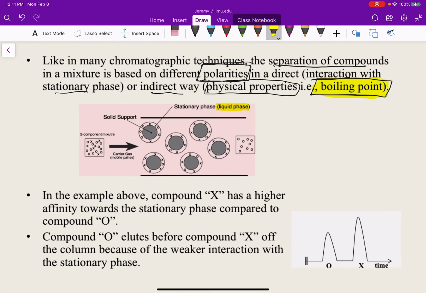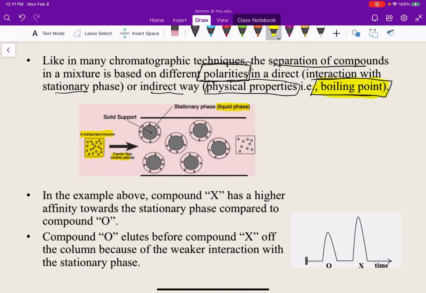So let's look at an example here. We have a two-component mixture. So we have two components. We're labeling these as X's and O's, right? So our mobile phase, our carrier gas is pushing those through, all right? And if we think about something like boiling point, something that has a higher boiling point is going to tend to be more of a liquid rather than a gas. Something with a lower boiling point will tend to be more of a gas than a liquid.